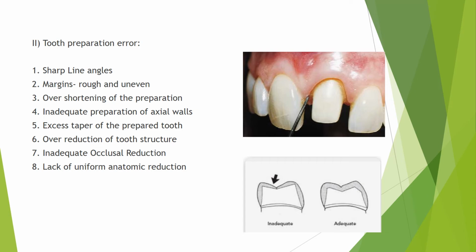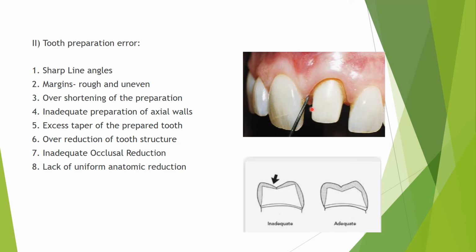So another type of error is in the tooth preparation, right? So this error remains in the tooth preparation. So those were the errors of the ceramic. This is of the tooth preparation. So now you can see in the image on the right, you can see all the flaws. You can see a sharp round angle, you can see roughened margins, right? The preparation is parallel on one surface, it's tapered on the other.